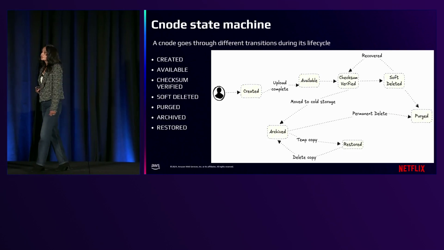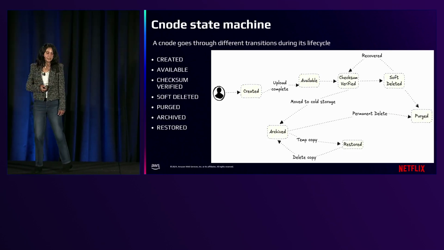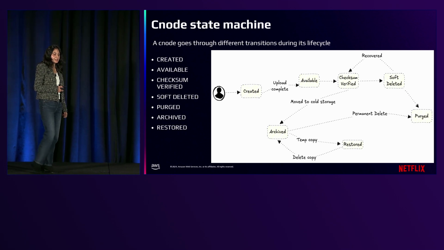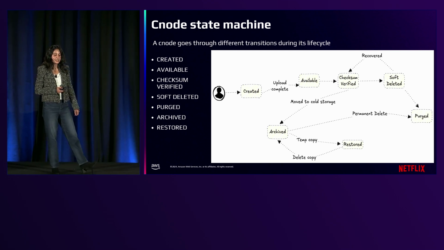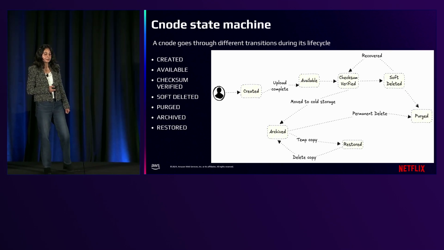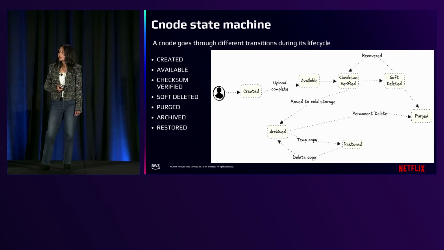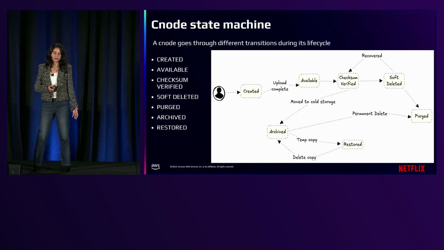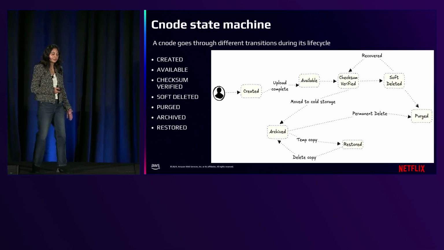A C node goes through many different states during its life cycle. Let's take a look at those. At the start, when a C node is created, it means that it is just a creation of the metadata instance of that node structure for a file or a folder.